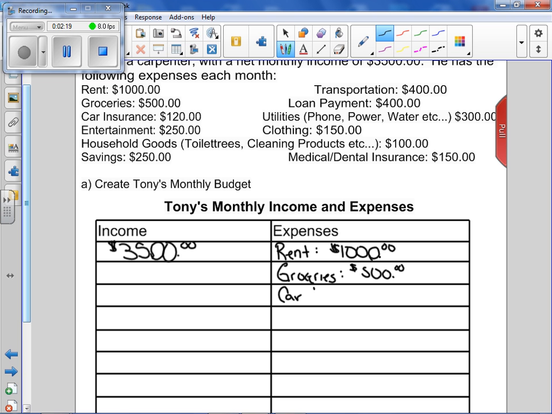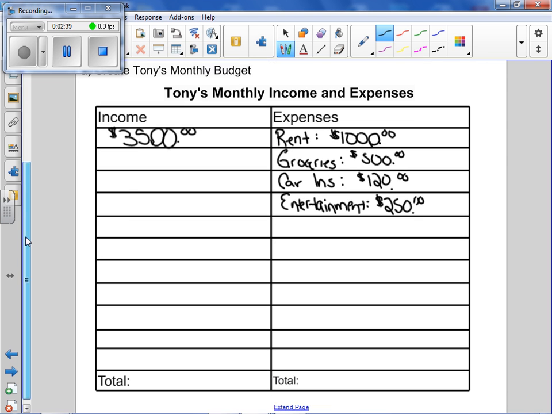Car insurance, $120. Entertainment, which is $250. Household goods, which was $100.